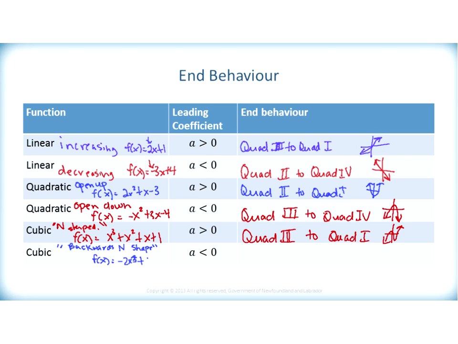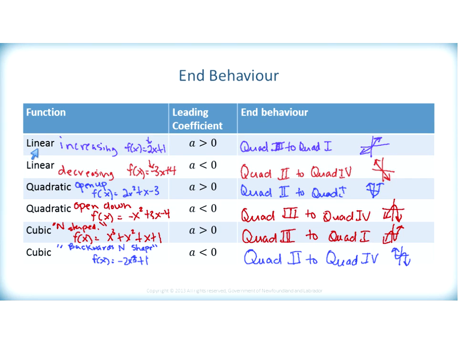And the end behavior of the curve will be from quadrant 2 to quadrant 4. Something like that.